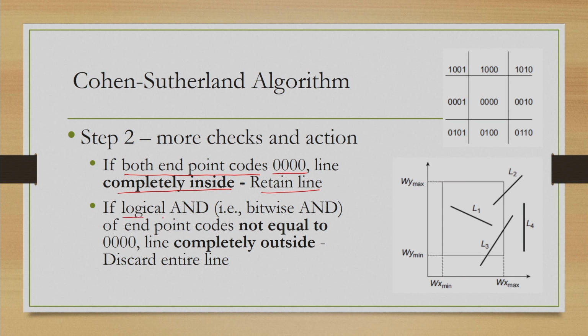Now, if the logical AND or bitwise AND operation on the endpoint codes turns out to be not equal to 0000, then the line is completely outside and we discard the entire line. Note that here we do not need to check for intersection.